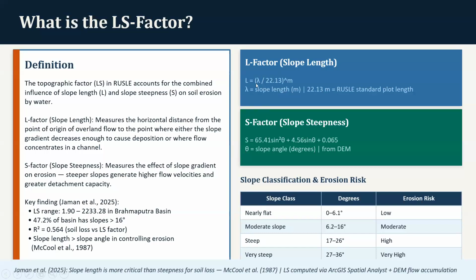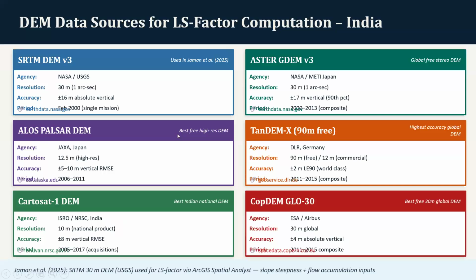This is to calculate the L factor, which is basically the slope length factor, and slope length is calculated using flow accumulation. This is the slope steepness or the S factor, and you have to multiply the L factor and S factor. So to calculate the slope and all, we need the DEM data.